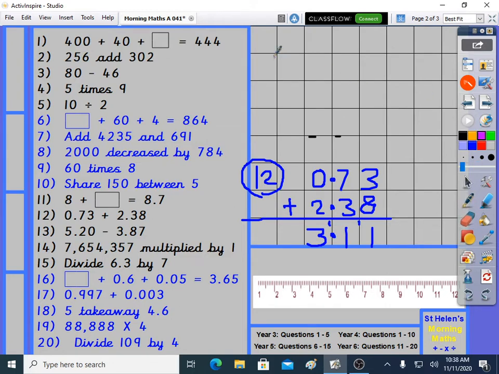Still quite a nice question with the lining up. 5.20. Take away 3.87.